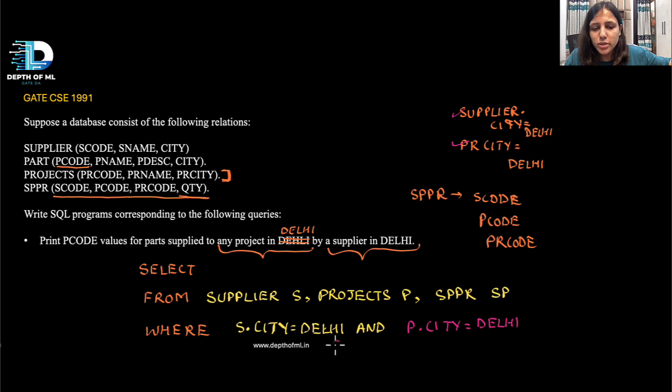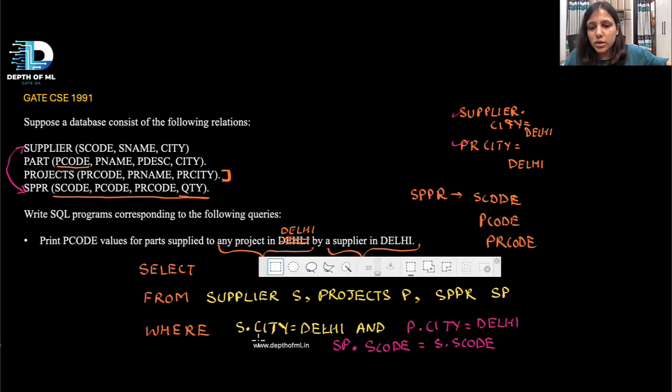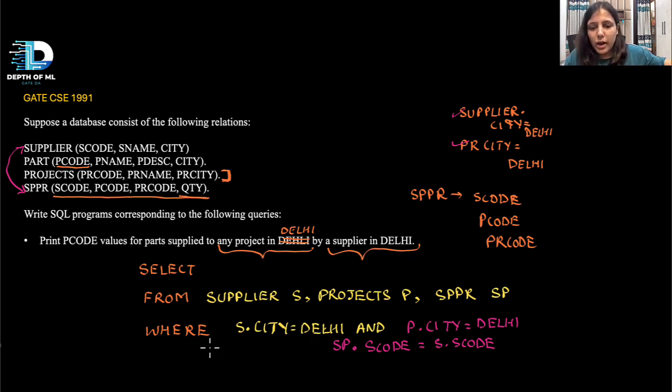SPPR table, right? So I have to say SP dot s code is equal to S dot s code, right? So I have joined this table with this table to extract the correct code. Now I have to join it with, so I'll remove this, okay, and I'm writing it here.